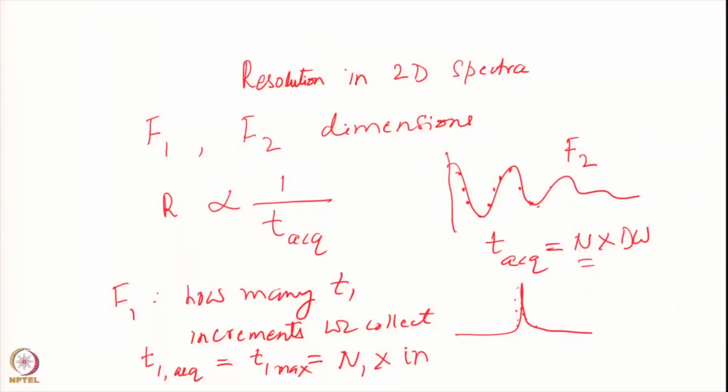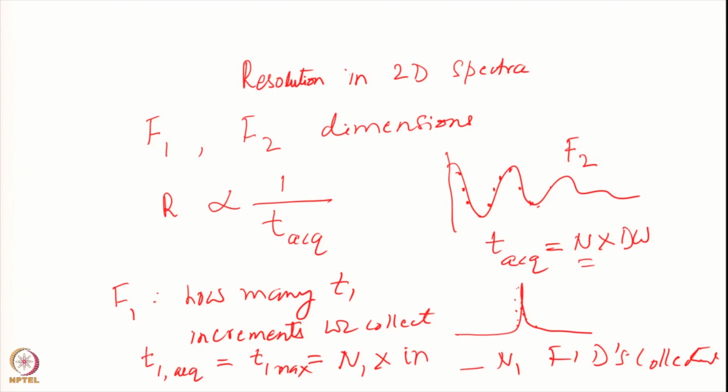That means we have n1 FIDs collected. So, if you want to increase the acquisition time along the F1 dimension, you have to increase the number of increments, the number of experiments, the number of FIDs you collect. Therefore, it is a very time consuming process.